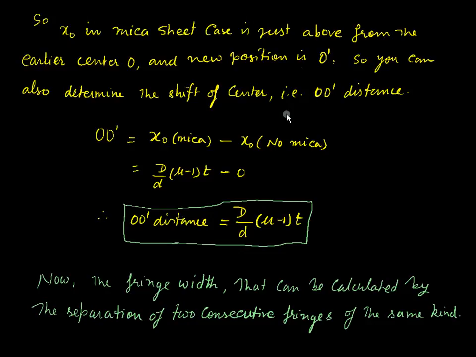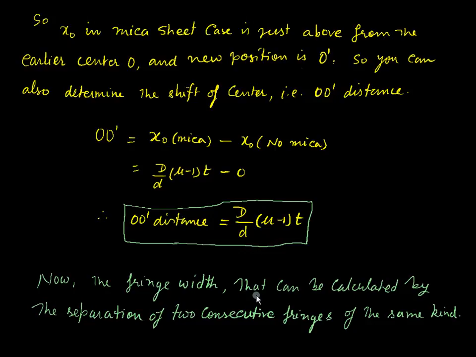That means if you calculate x naught when you place mica and x naught when there is no mica, the difference between them is equal to capital D upon small d, (mu minus 1) into t. Right, so this much is the amount by which you get the new position.